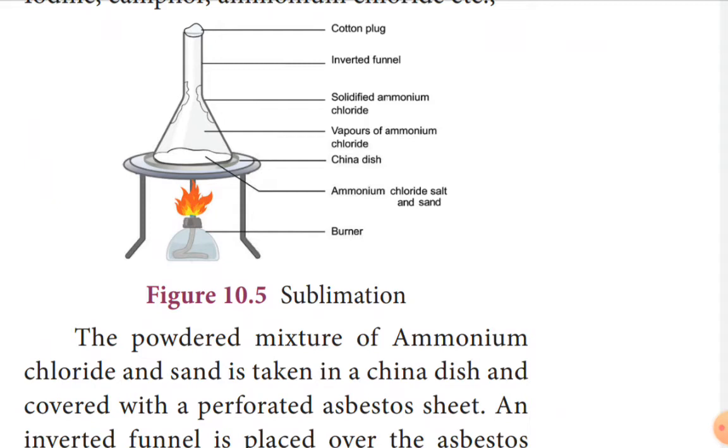The ammonium chloride and sand mixture is taken in a china dish and covered with a perforated asbestos sheet. Above that a funnel is inverted, and the top of the funnel is covered using a cotton plug. Now when you heat, what happens? The ammonium chloride will start to sublime, evaporating into gas, and the gases move through the holes of the asbestos sheet, condense and deposit on the sides of the funnel.